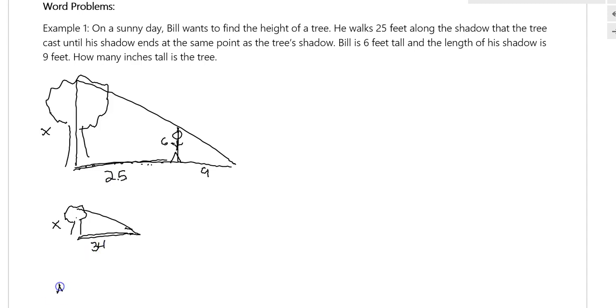And then I have this triangle with Bill, right, that's 6 and 9. Pre-image, image. So, again, scale factor equals I over P. So, 6 over X, 9 over 34.